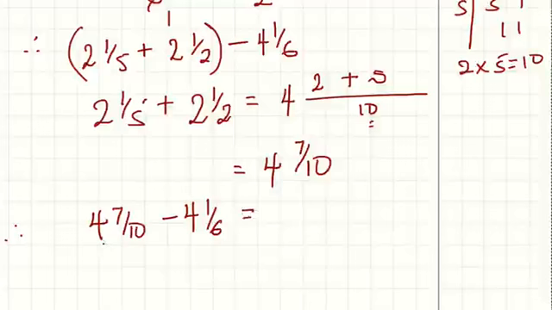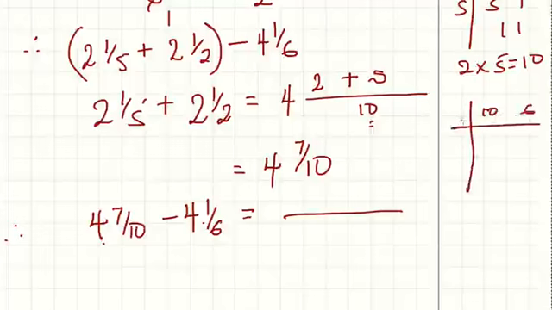which is equal to 4 minus 4 is 0. And then we have the LCM of 10 and 6. I'll just show you briefly how to find the LCM. This is 2, goes here 5, goes here 3.